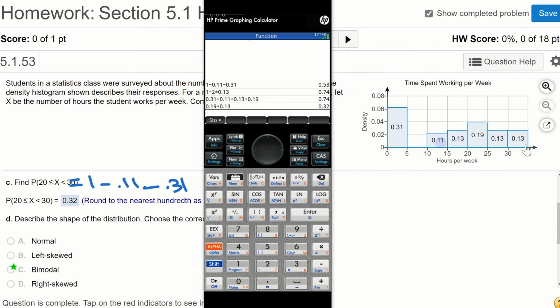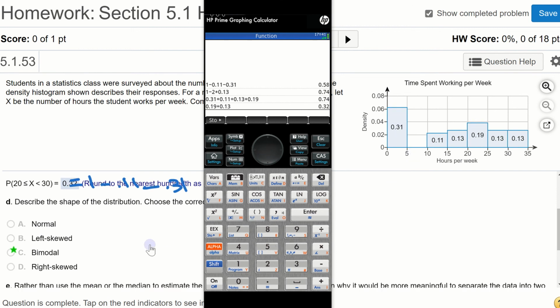Now, if you ever want to quickly check to see if this is a correct probability distribution table, you would just add all those, make sure they add to what? To 1. So describe the shape of the distribution. Notice it looks like there's a peak here and there's a peak here. So this would be a bimodal.